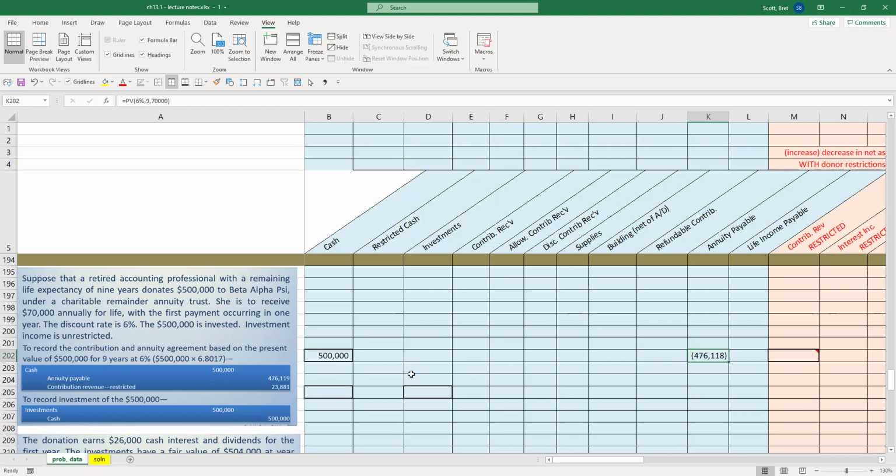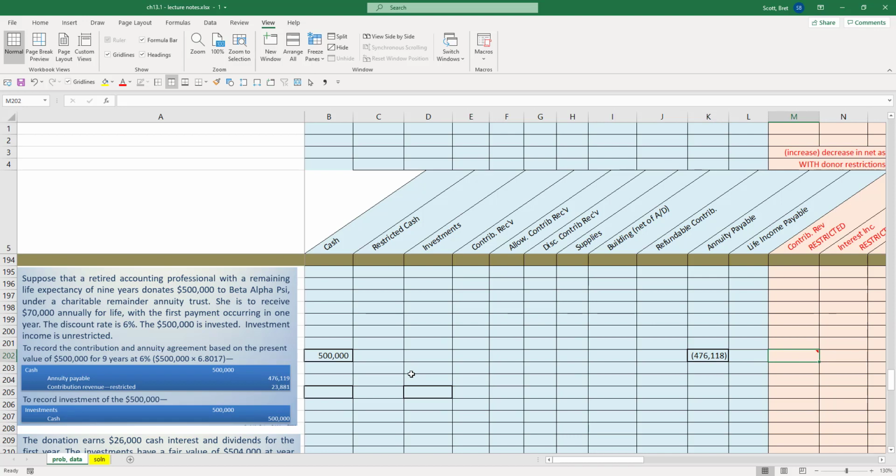So what does that mean? If we were to invest $70,000 every single year, at the end of every year, for the next 9 years, at 6% compounded interest, we would generate $500,000 at the end of 9 years. This is just the present value of those flows. What do we do with this difference here?